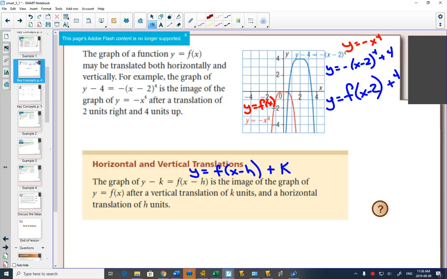The x was replaced with an x minus 2. And then in function notation, we have a plus 4 outside of the function. And in our actual equation, we have a plus 4 outside or after as well. This movement between function notation and the other equation, called the explicit equation, takes some practice. But it's good to be able to work with both.